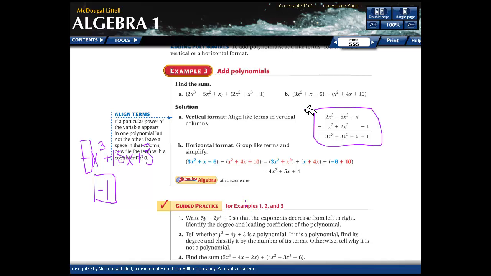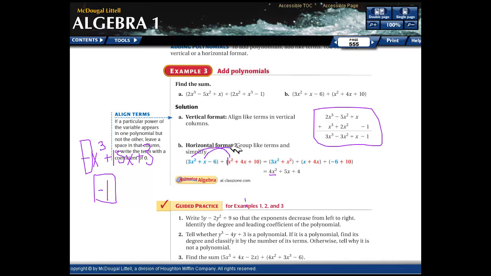In order to add like terms, they have to have the same variable and the same exponent. These two both have a variable of x, but you can't add them because this is an x squared and this is just a plain x. So you can only add x squareds to other x squareds. The coefficient there is 1, so 3x squared plus 1x squared is 4x squared.